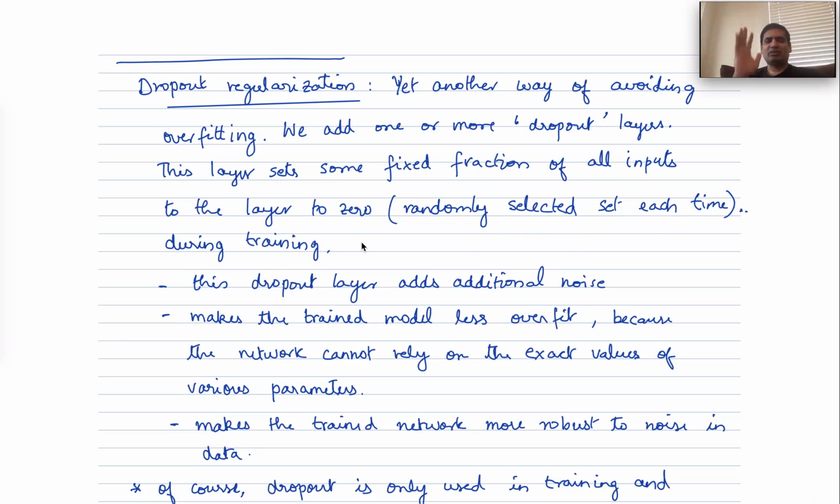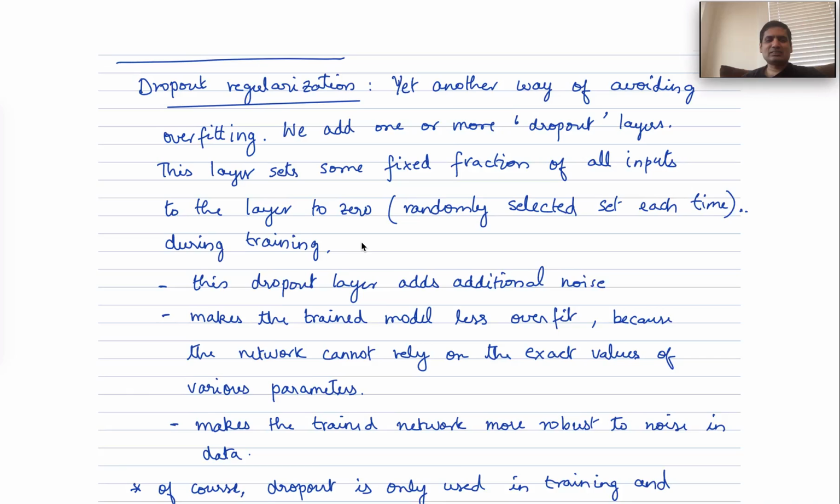What does this mean? So there's a dropout layer. There's a whole bunch of inputs coming into that layer. All the dropout layer does is randomly select, I don't know, 30% of these inputs and set them equal to zero, and then lets the rest proceed unchanged.